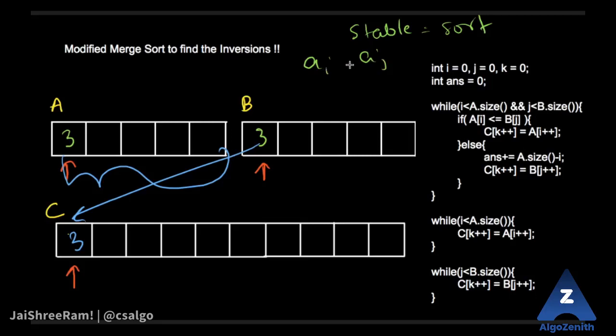So if a of i is equal to a of j and i is less than j in the initial ordering, this element will remain before this element even after sorting. This is what is meant by stable sorting. If you use equal to over here, merge sort works like a stable sort, and to be correct for inversion count, this needs to be equal to.